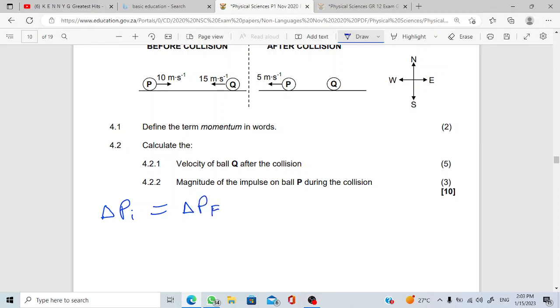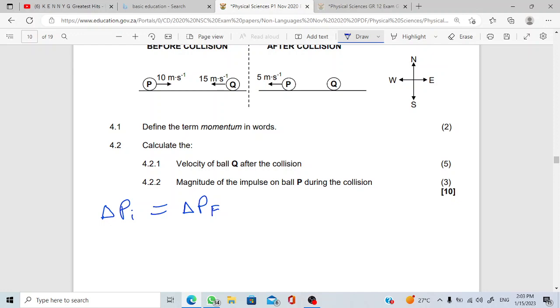Now let us break it down. You must look at the scenario. We have two balls coming from two different directions. Even after collision you have two separate balls. When you substitute, the equation must match your scenario. There are different scenarios. Sometimes after collision the balls move together as one element. You need to know what happens in such a situation.